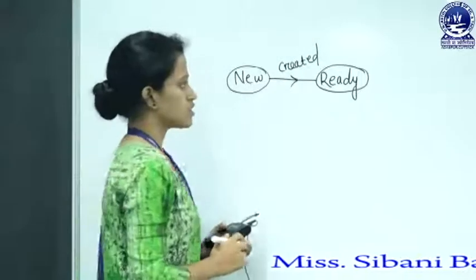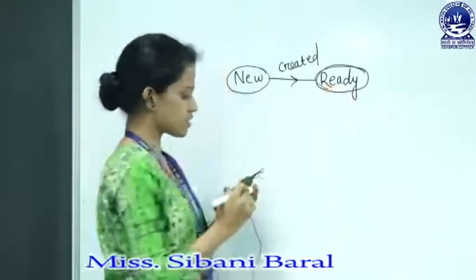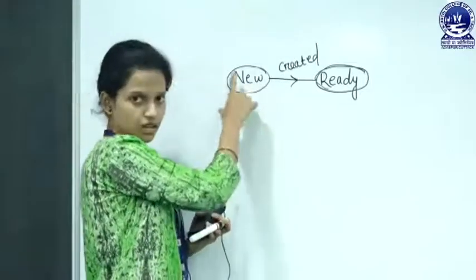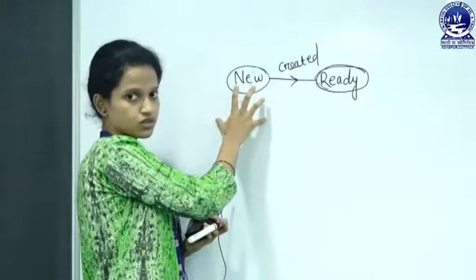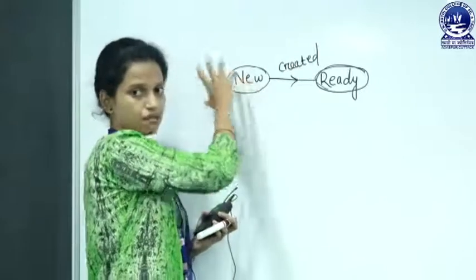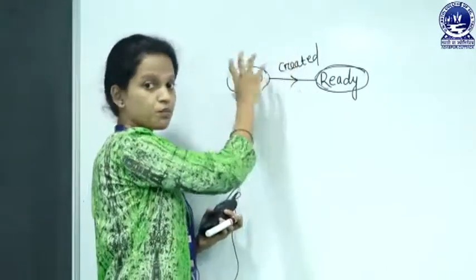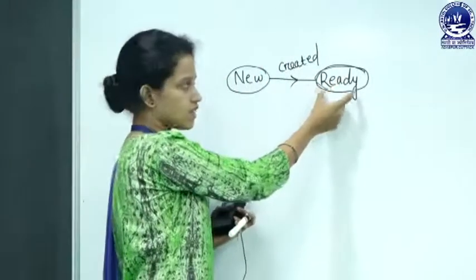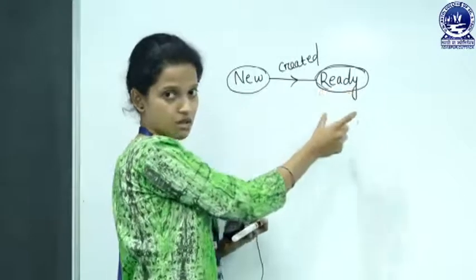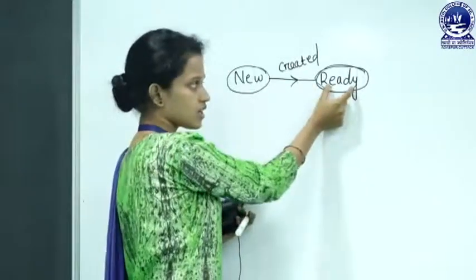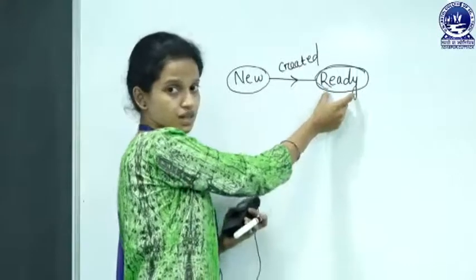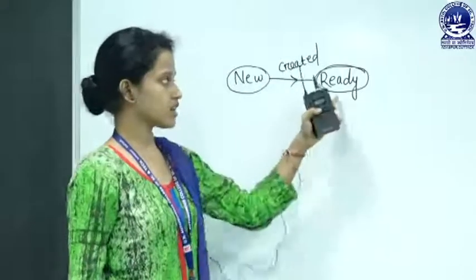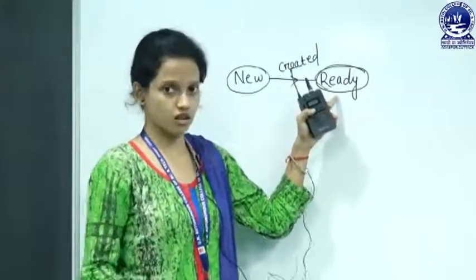The program in secondary memory is picked by the operating system and put into the ready state, which is in main memory. In ready state, a process is ready to run.